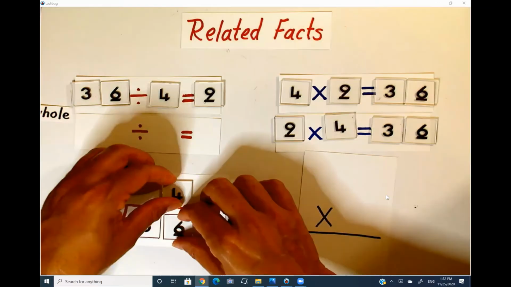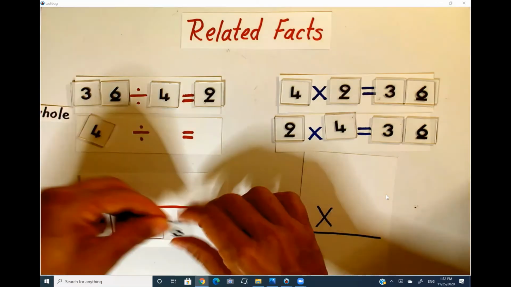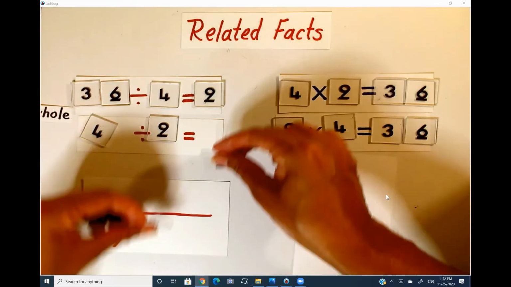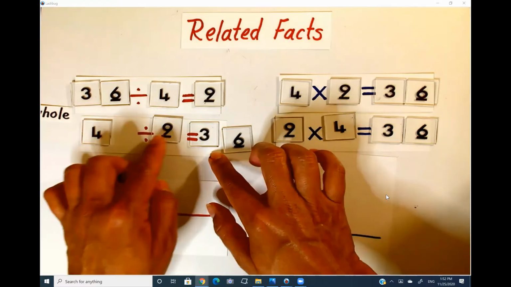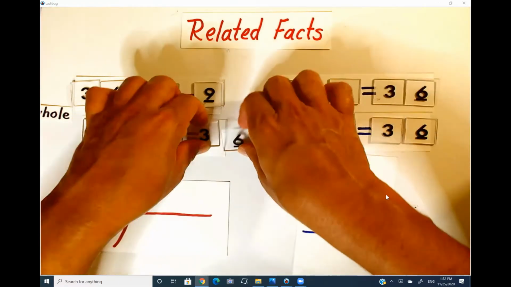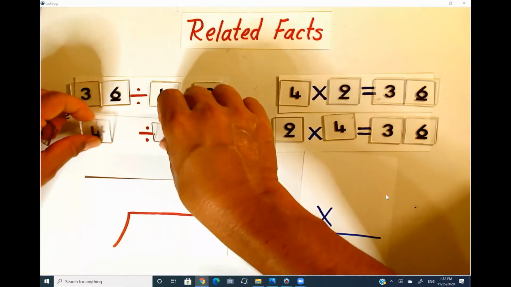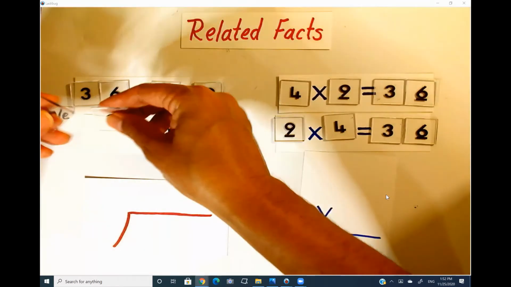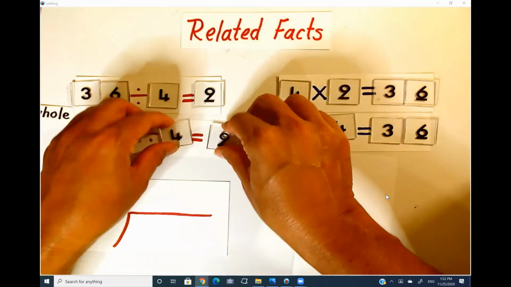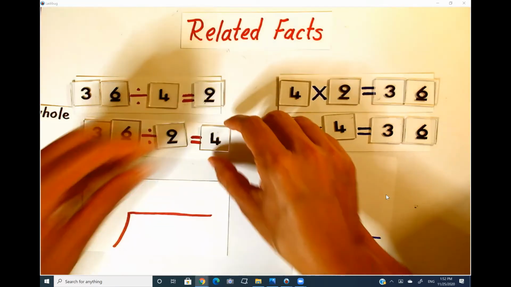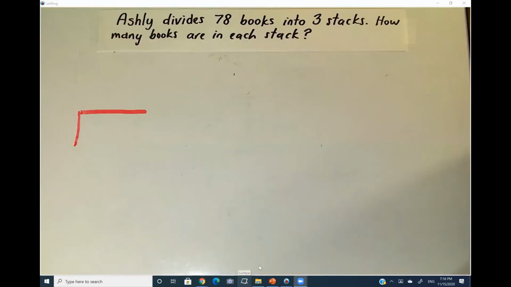That means I cannot do 4 divided by 9 equals 36. That cannot be done because you don't have 4 things; you cannot divide them into 9 groups. So always remember that you have to put the whole first in a division. So 36 divided by 9 equals 4, or 36 divided by 4 equals 9.